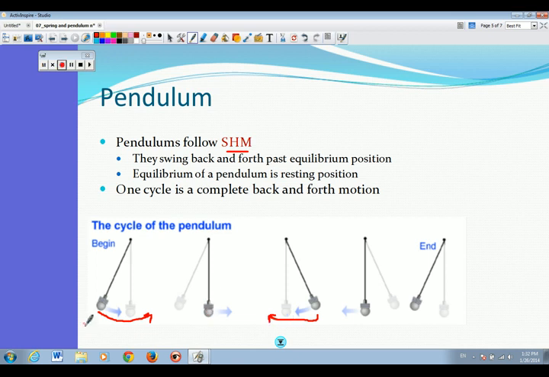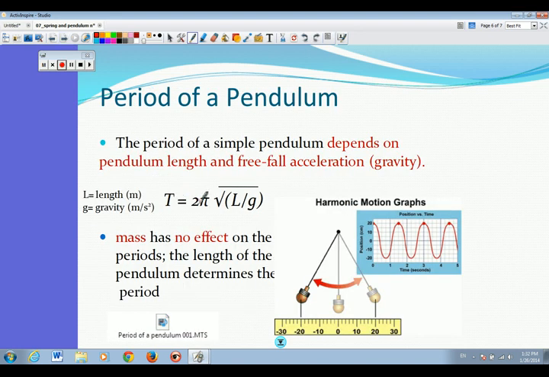You pull it back, let it go, but it's a complete back and forth motion. You can also relate this to energy if you remember back, because when you pull it back, it has potential energy, and at the bottom it has kinetic.